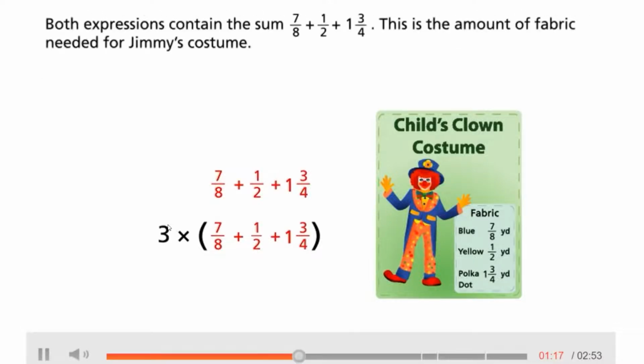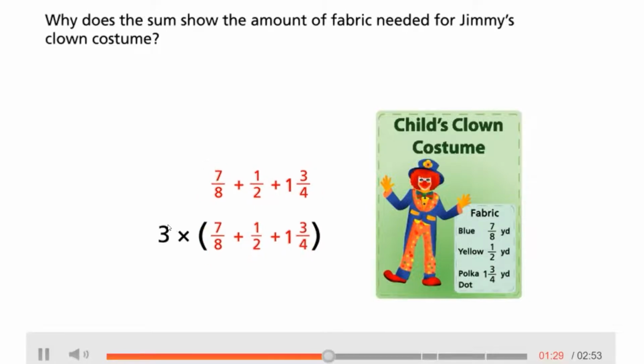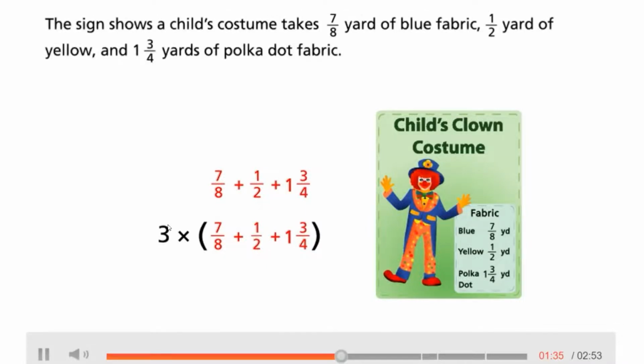Both expressions contain the sum 7/8 plus 1/2 plus 1 3/4. This is the amount of fabric needed for Jimmy's costume. Why does the sum show the amount of fabric needed for Jimmy's clown costume? The sign shows a child's costume takes 7/8 yard of blue fabric, 1/2 yard of yellow, and 1 3/4 yards of polka dot fabric.